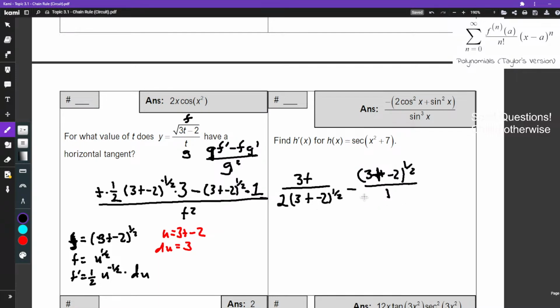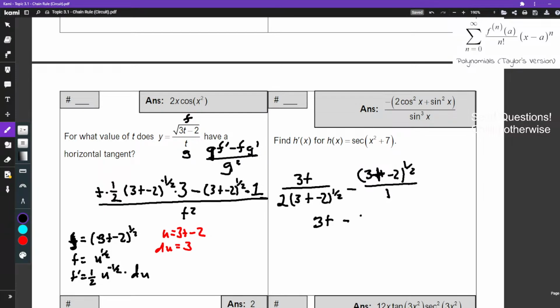I need to get them to the same denominator. So I have to multiply both sides by 2 over 2 times 3t to the 1/2. So I get 3t minus, this times this is going to cancel each other out, or just add them together.